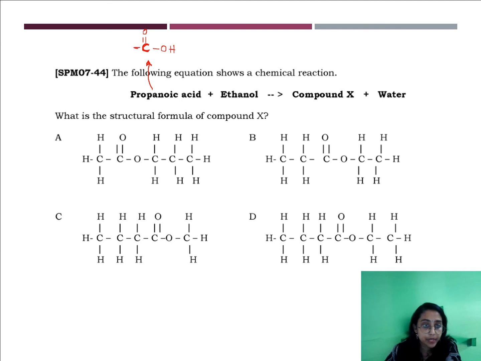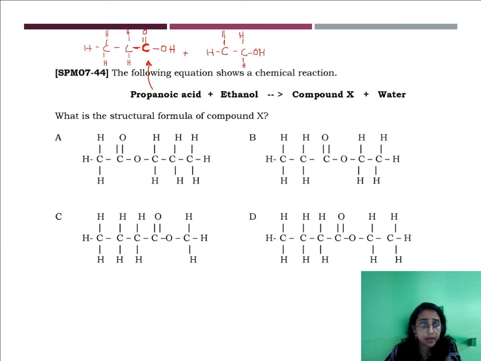So propanoic acid must have 3 carbons, here got 1, so you add up another 2 more, place 4 bonds for hydrogens, 4 bonds for the carbons, fill in the blank with hydrogen. Okay, this is the propanoic acid. And let's draw for ethanol. Ethanol will have 2 carbons, and one side will be the OH. The others will be filled with hydrogen.